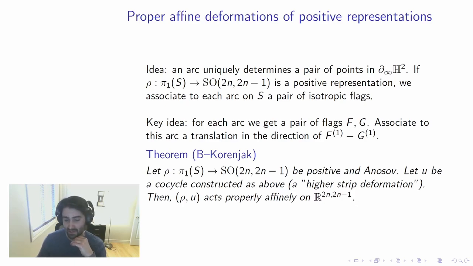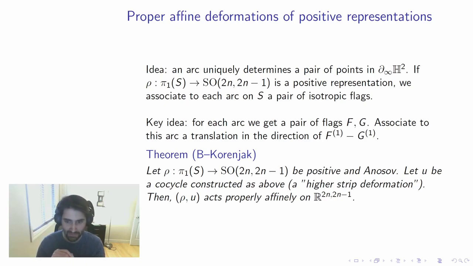And this is enough. If you specialize to n equals 1, you get SO(2,1), and you get the same infinitesimal strip deformations as Danciger-Guéritaud-Kassel. But this also works in higher dimensions.